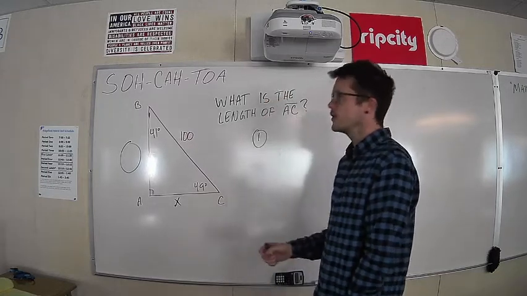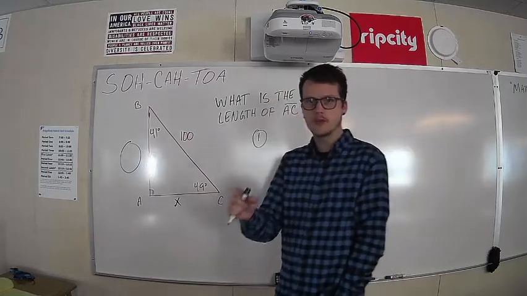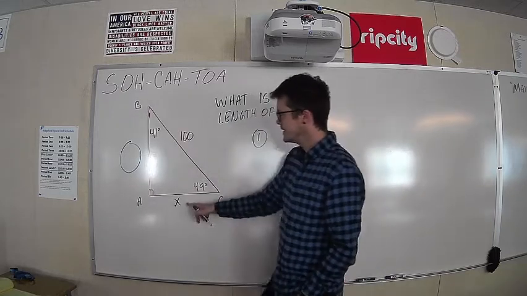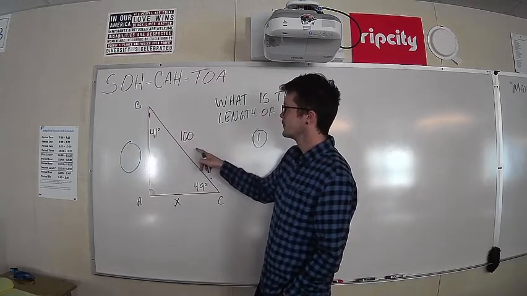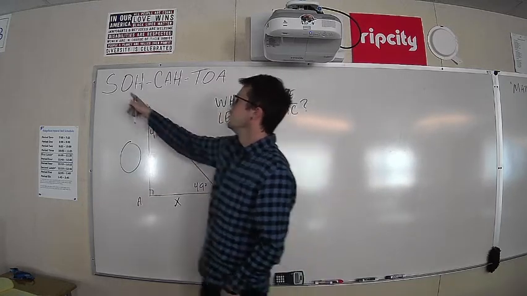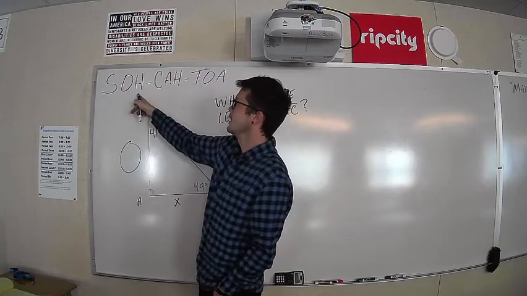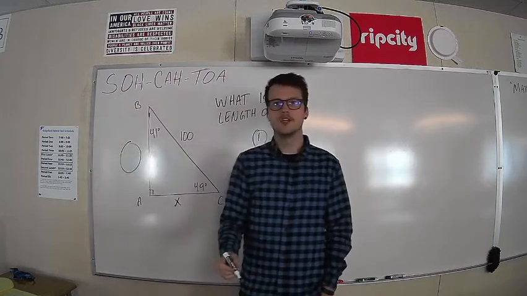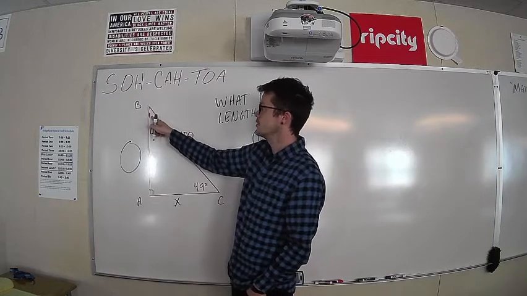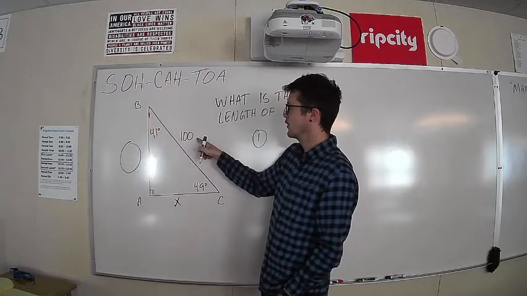So let's think of our trig ratios that we remember: sine, cosine, and tangent. Which of them involves the opposite side and the hypotenuse? If we look at SOHCAHTOA, sine is opposite and hypotenuse, so we're going to use the sine ratio here. The sine of angle B is the opposite over the hypotenuse.